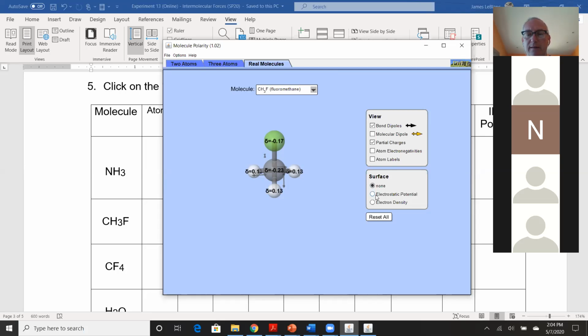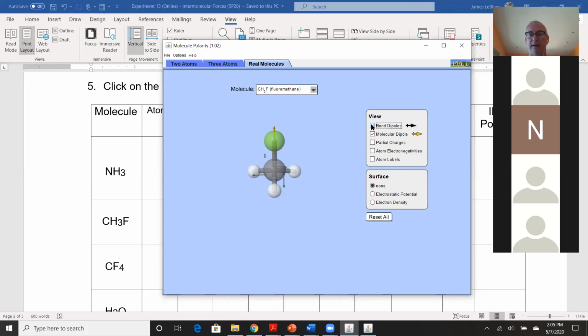So when we look at the overall dipole, it points straight up through the fluorine because the 3 bond dipoles are all pointing toward the carbon. And when you add them together, just like the water, where we had 2 dipoles pointing toward the oxygen and when you added them together, they pointed straight up. Same thing is true here.